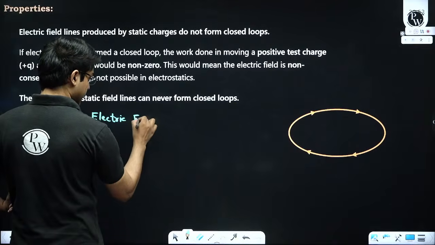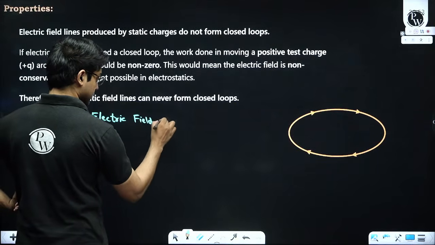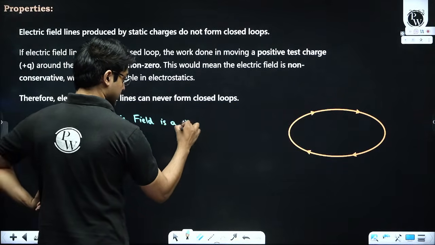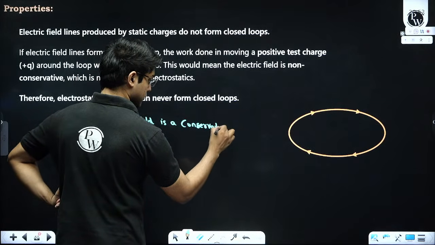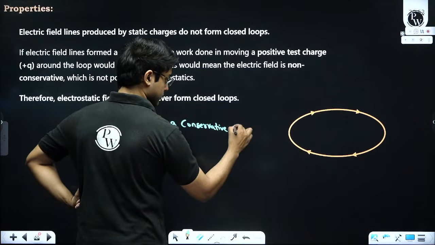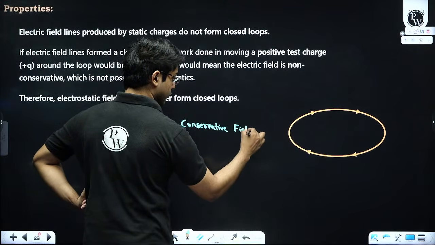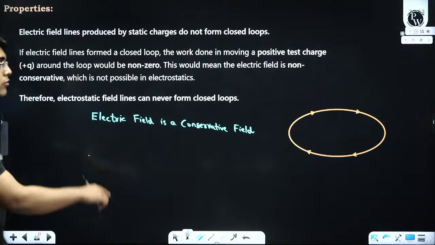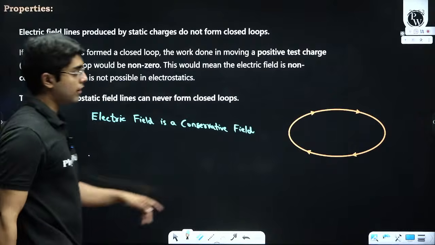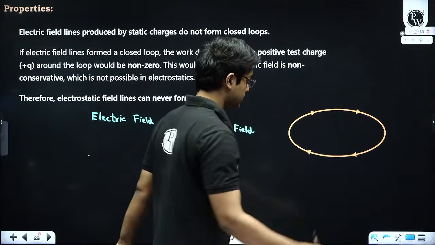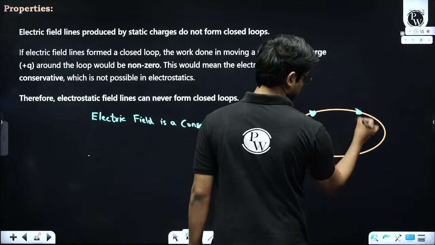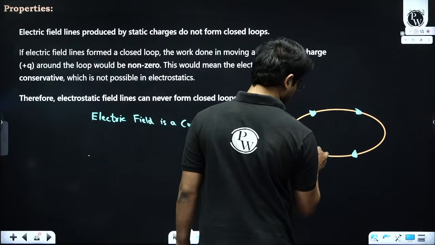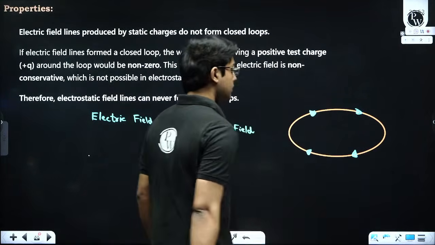So the electric field is a conservative field. Like the gravitational field. So it will never form a closed loop. You cannot have a field line pattern like this, which is like a closed loop. This is impossible. Okay. This is impossible.